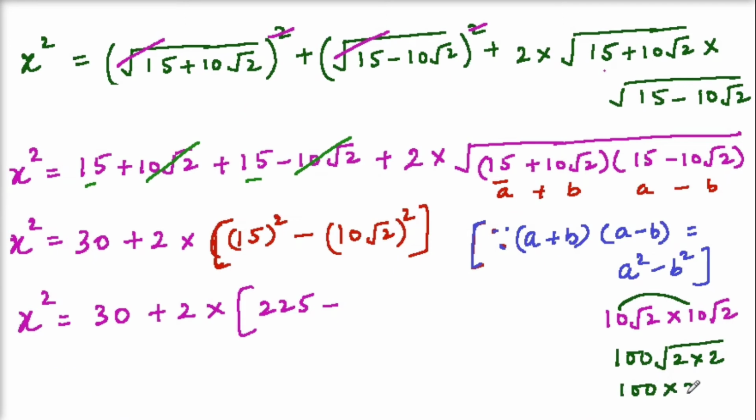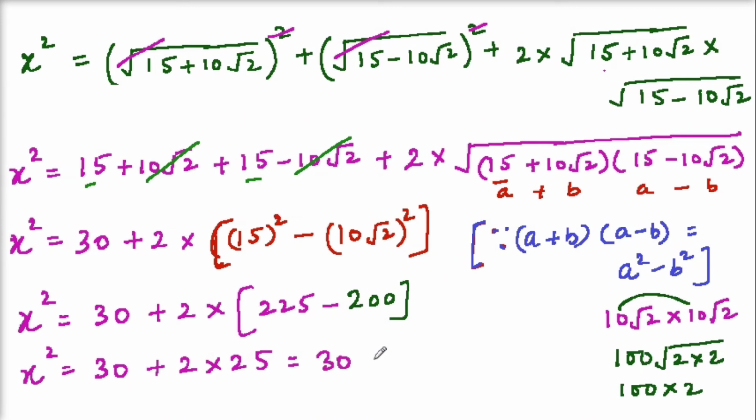So 100 into 2, which is equal to 200. In the next step we'll write x square equals 30 plus 2 times, 225 minus 200 will give us 25, and we'll get the value of x square equals 30 plus 50 equals 80.